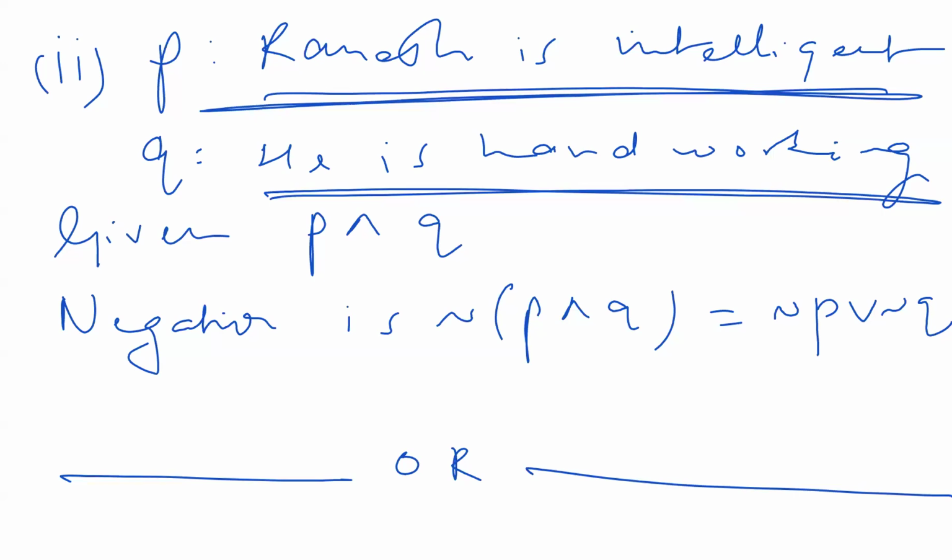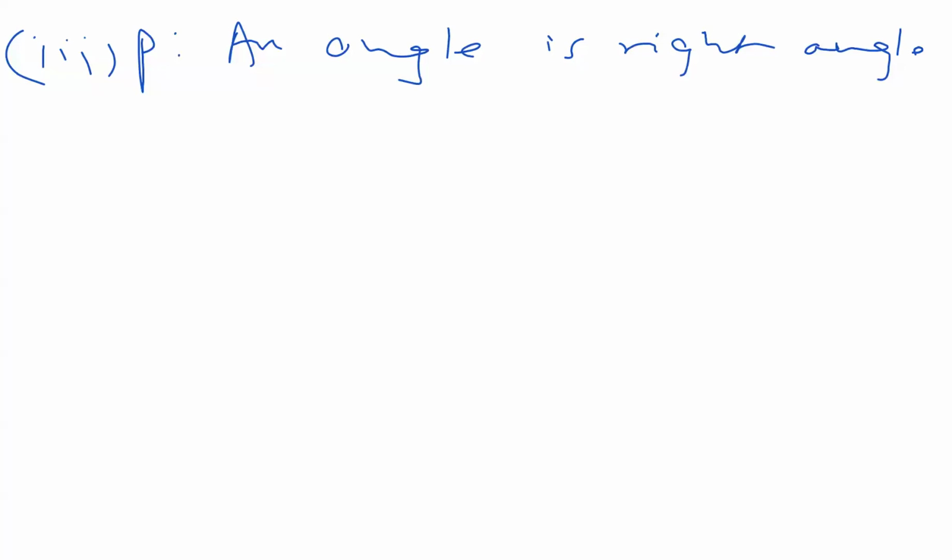Question number 3. Let P, in symbolic form always write that 'let'. You should write that. At times I don't write, but you should write. Okay, so what is P? An angle is a right angle. Q: it is of measure 90.